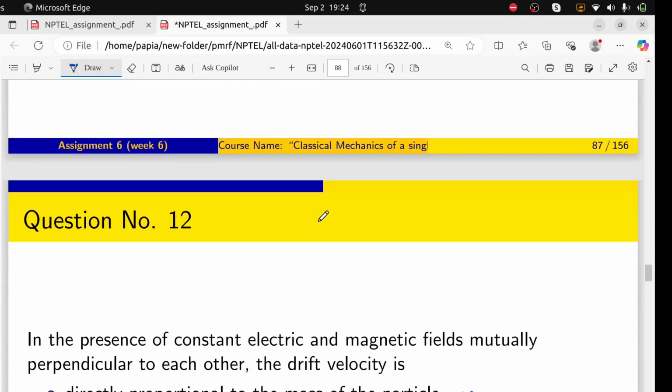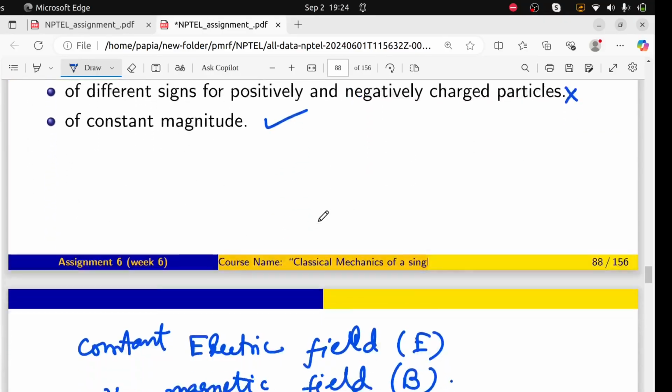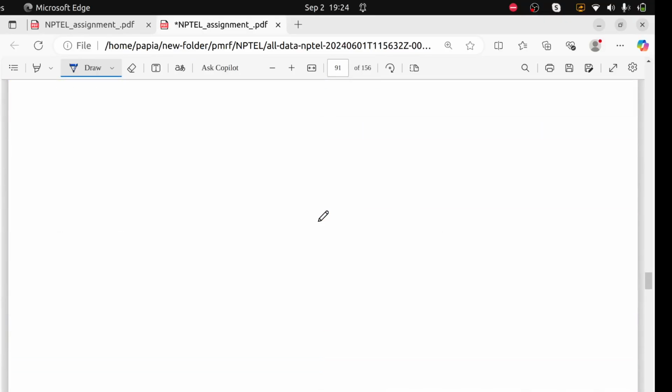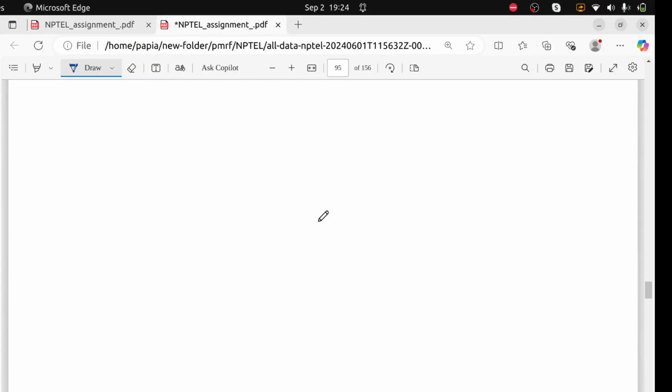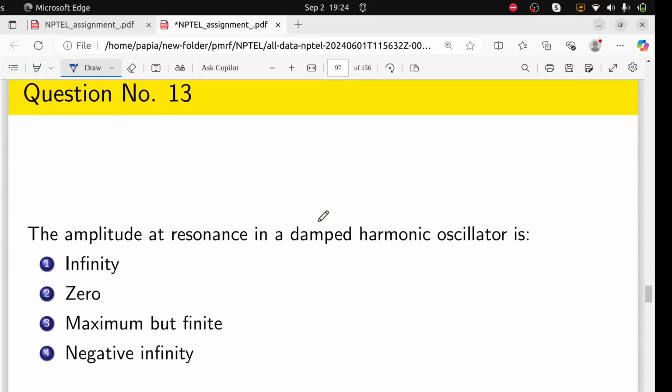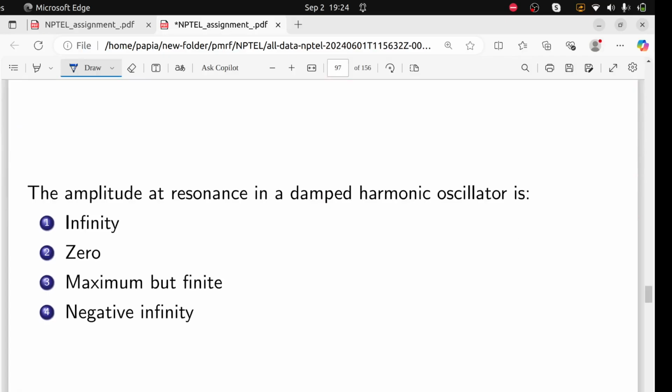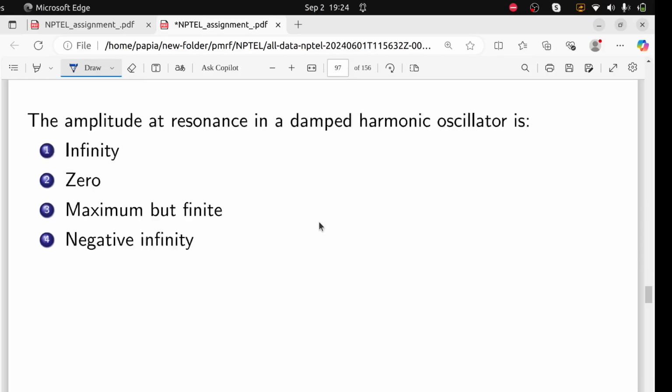So drift velocity will be constant in magnitude. Okay, the amplitude at resonance in a damped harmonic oscillator. For a damped harmonic oscillator, resonance is there.